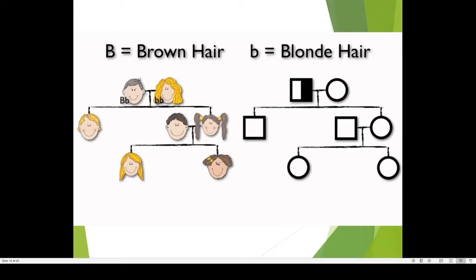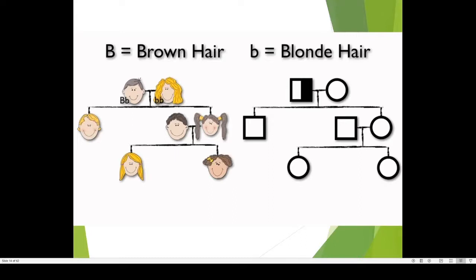The mother has both blonde hair. So there's a very high chance that their offspring will have either of the hair colors, and that's what they got. They had two, and one has brown hair and one has blonde hair.